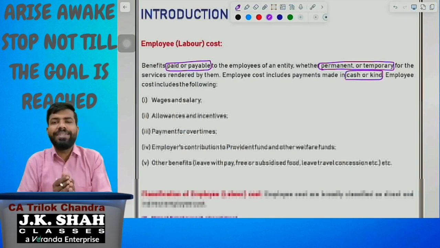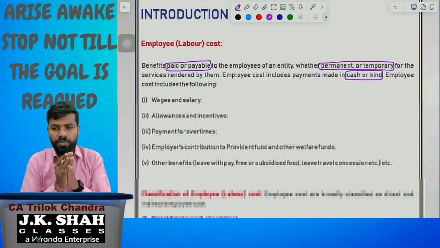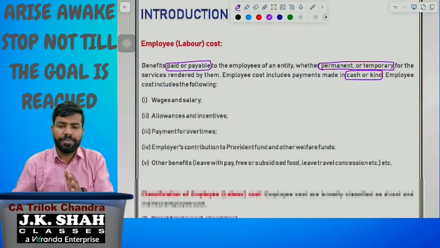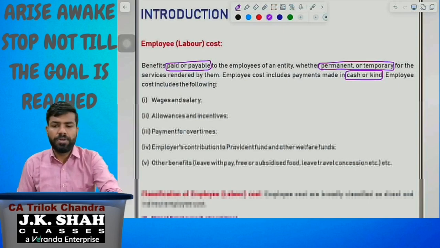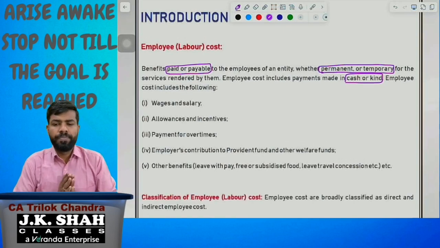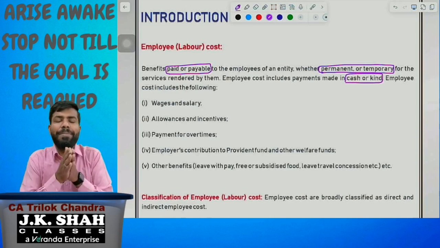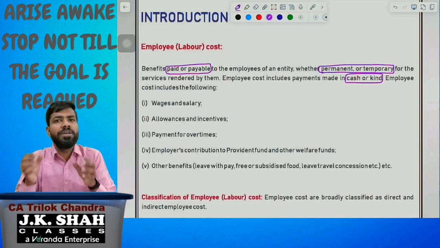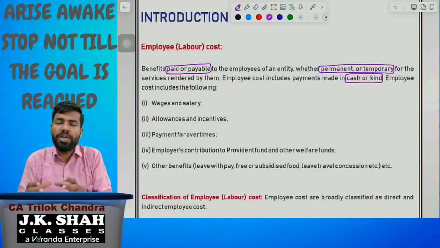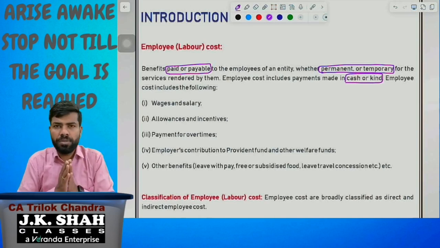We are going to call it employee cost. So please understand: benefits paid or payable to permanent or temporary employees in the form of cash or kind, we account as employee cost.